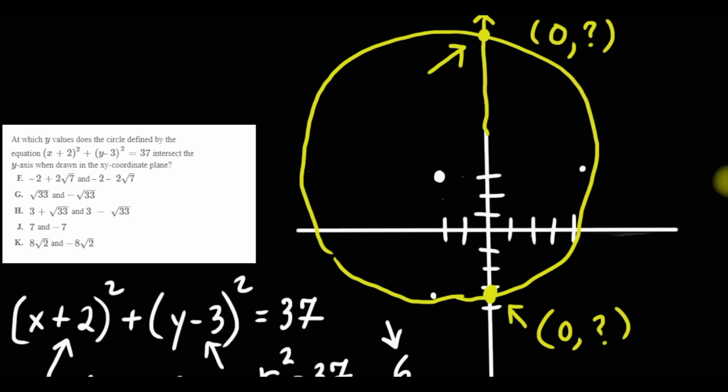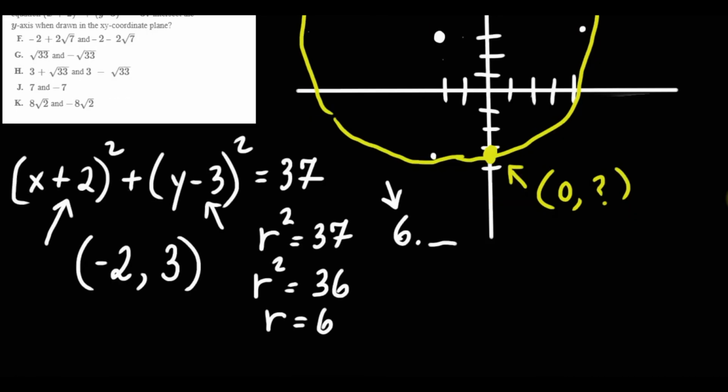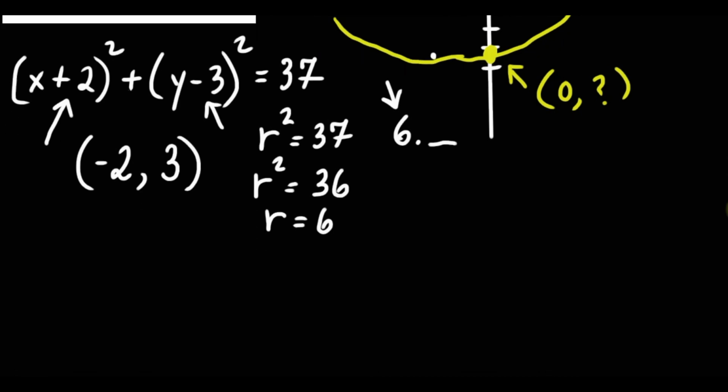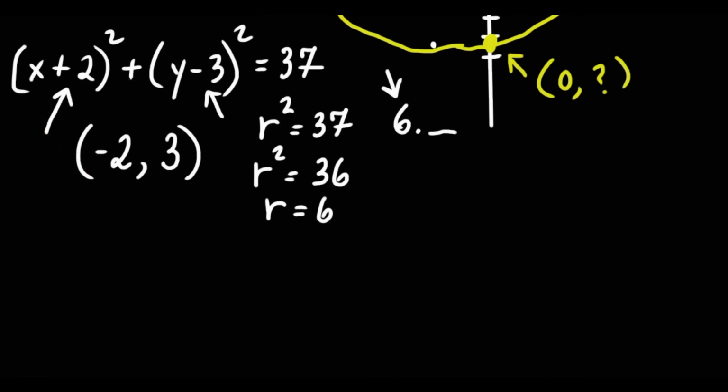We know what x is, so we can plug 0 into x and then solve for y. So x is 0 here, so you have 0 plus 2, using this equation right here.